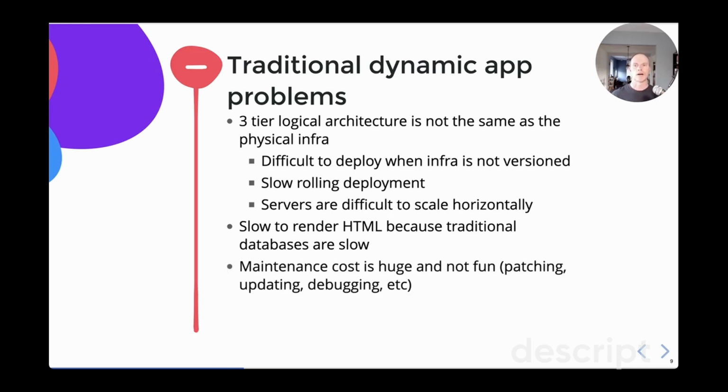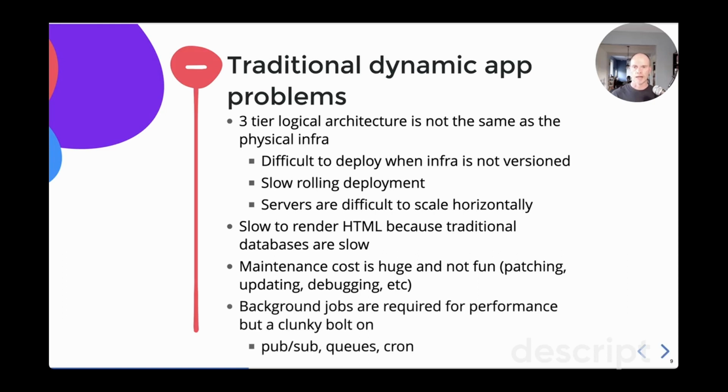Maintenance costs are huge, and it's not fun when you have to be patching, updating, and debugging all of these different servers. And then when it comes to background jobs that are required in order to give you performance benefits, they're available to you, but they're clunky and bolt-on. So things like pub subs or queues or cron jobs. All those things are not part of the platform as a whole.